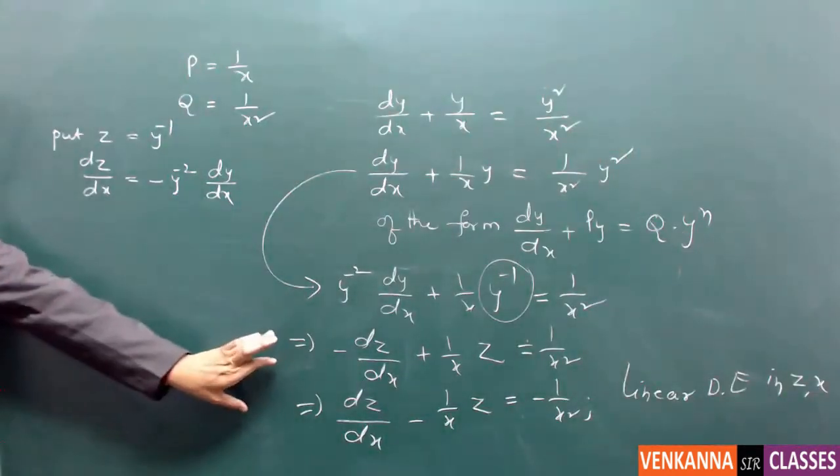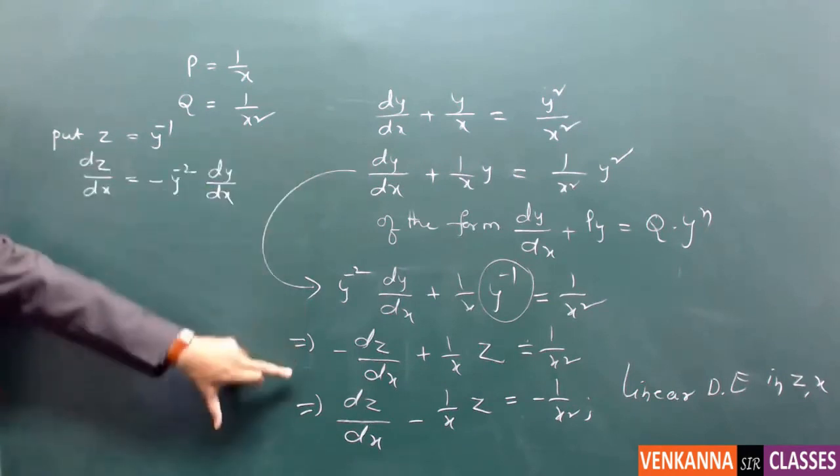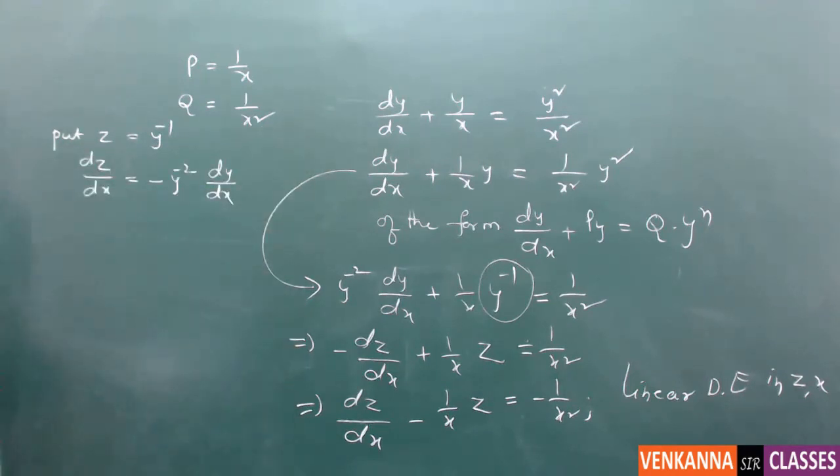Now can you identify it is converted into the linear form like this? Please check and ask your doubts. Please observe the pattern, then ask your doubts. How the Bernoulli equation is converted into linear type.